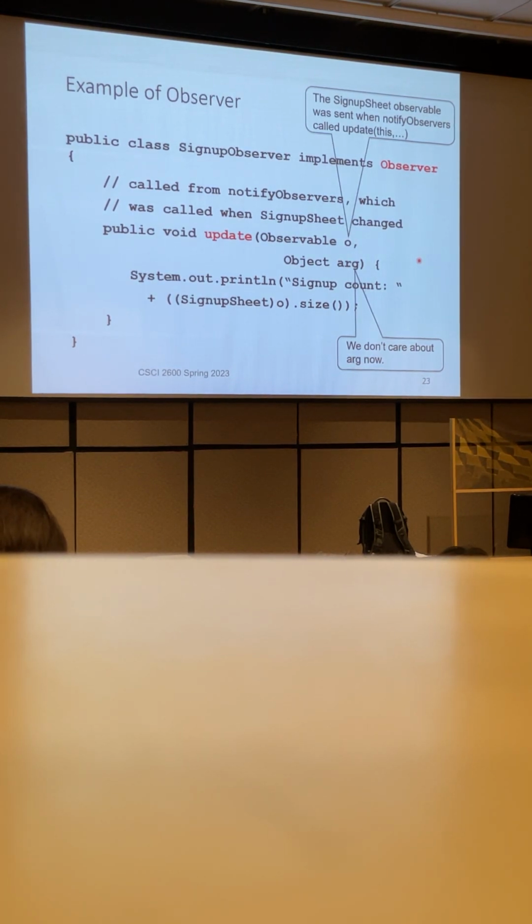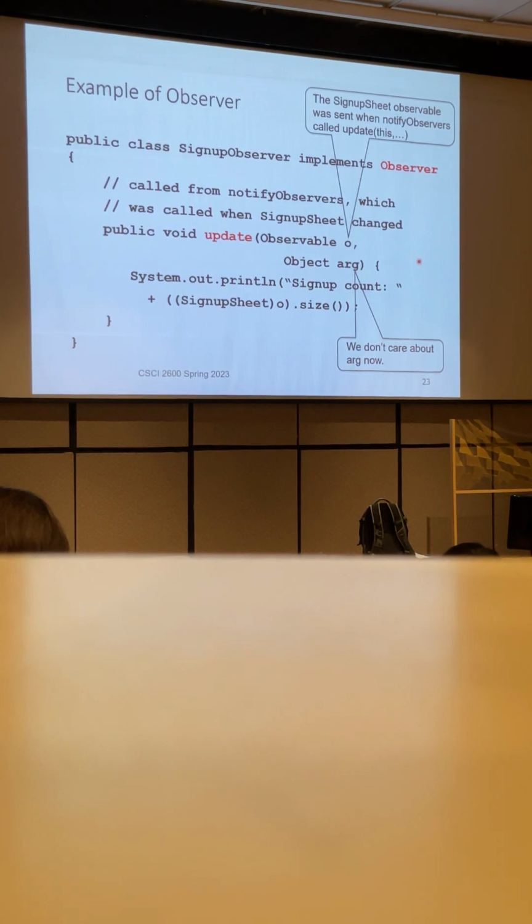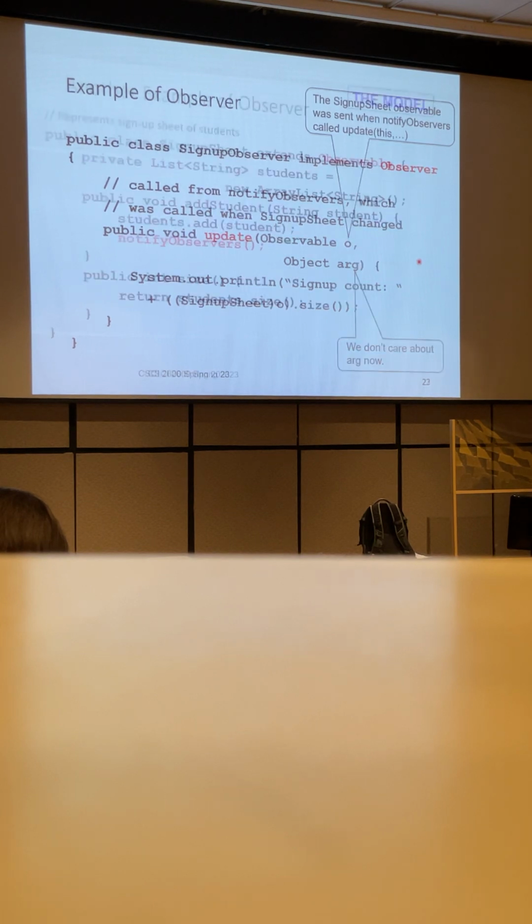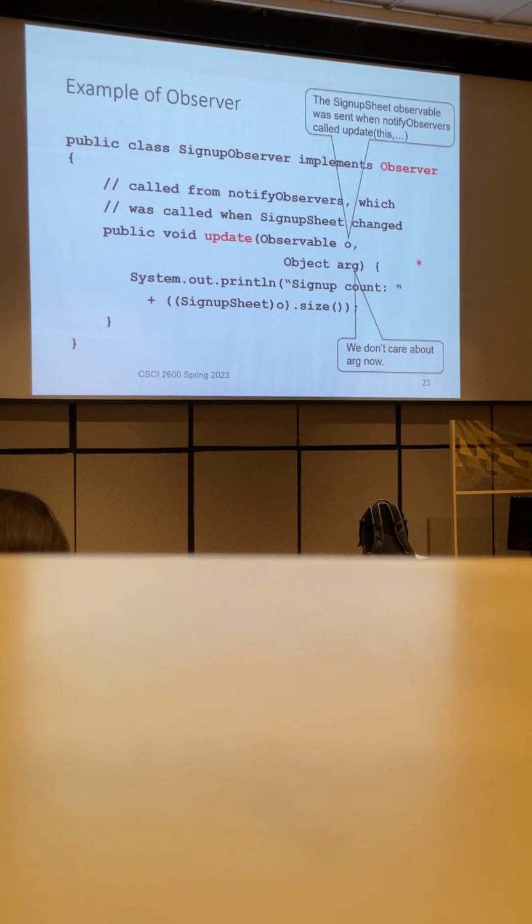In the push model, the model pushes its updates to the observer. So it would call update and provide the new data in this argument. That's not happening here, because the observer doesn't use this arg. It uses O. O is the observable, O is the model.